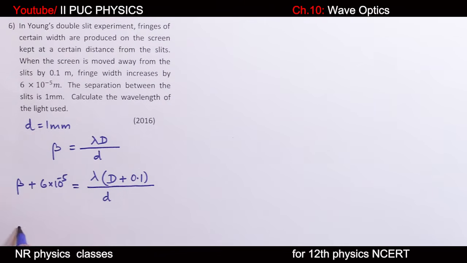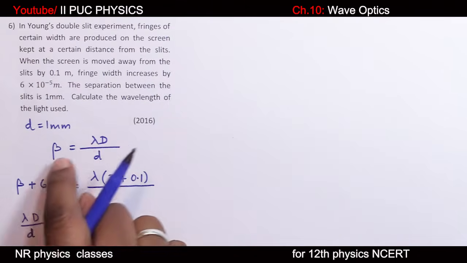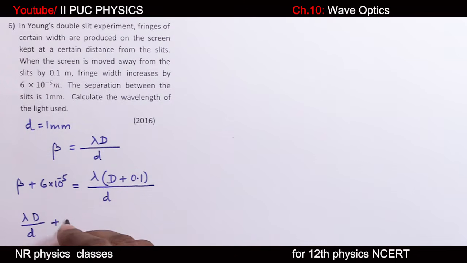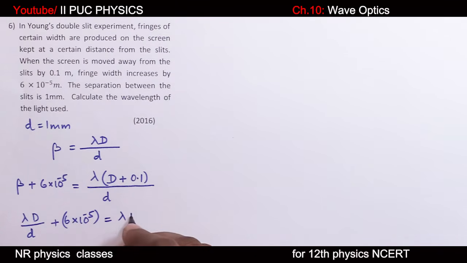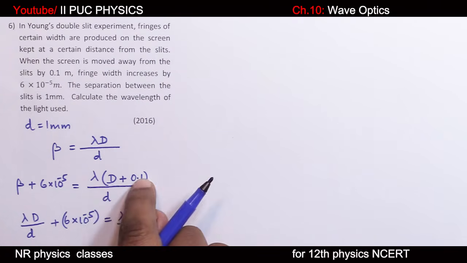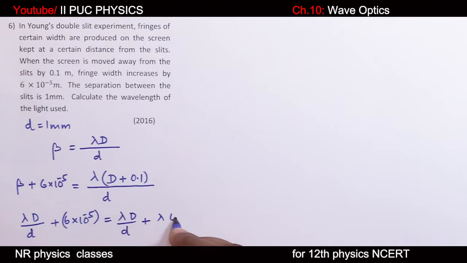Substitute this in this: beta plus 6 × 10^-5 equals lambda D by d, which is lambda capital D by small d plus lambda 0.1 by small d. These two get cancelled.